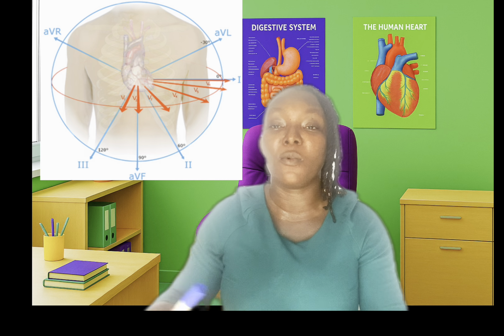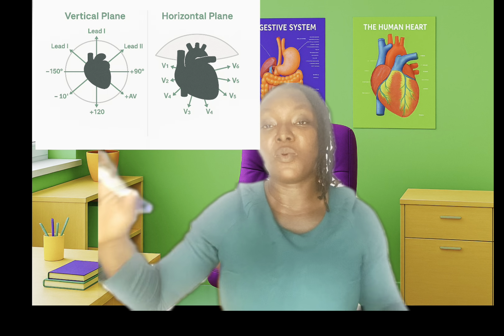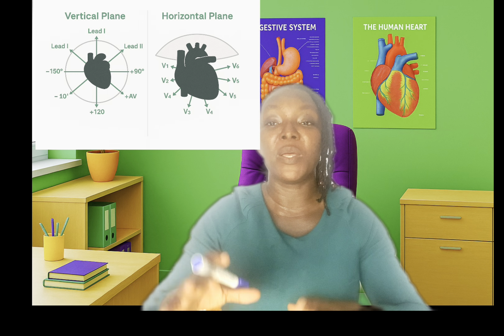All right, so the vertical ones, the horizontal ones, they meet each other, form a resultant force, and that is what appears on the paper, what we see as the readings on the ECG, usually a resultant of those two planes coming together. So you have limbs looking at the heart from all angles, then they all come together, get a resultant and put on the paper as the ECG.